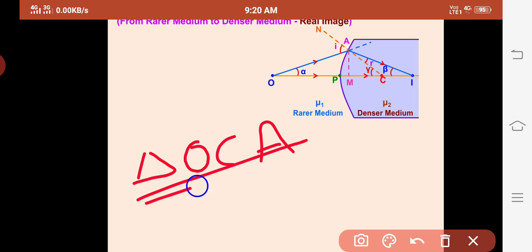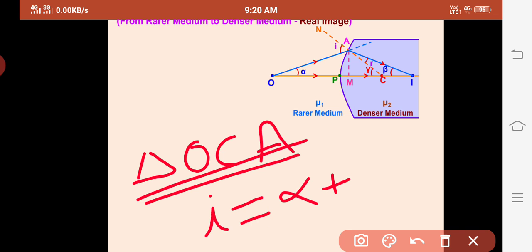From this triangle we can very easily find i, as i is the exterior angle. We get i equal to alpha plus gamma.